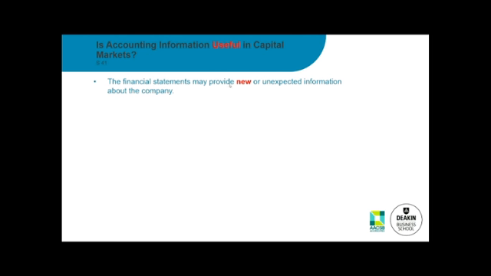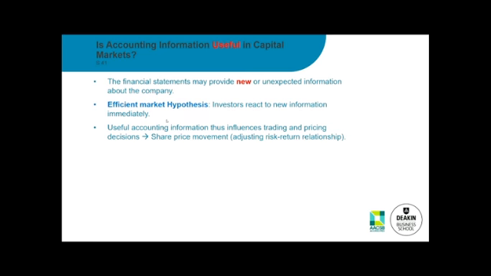So any new information is reflected in the price, and if the information is unexpected, then there will be a greater correction. So we refer to this as the efficient market hypothesis, and we have 3 levels of the efficient market.